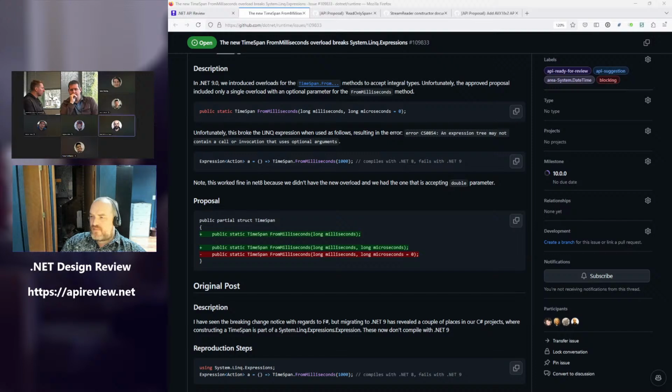So I don't think it's confusion between double and long. It's more about it picking one of the overloads and making sure that it's not optional. It doesn't use any optional parameters there.